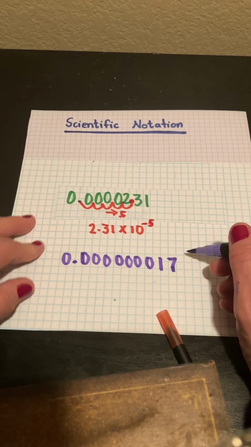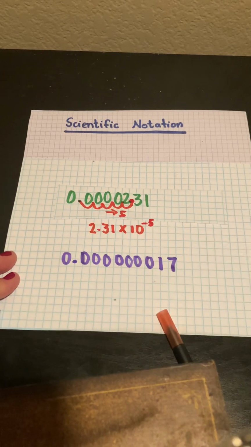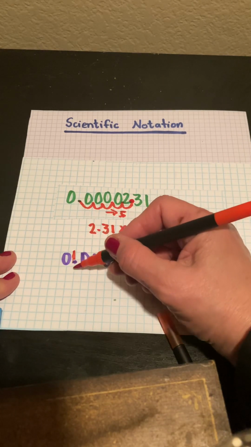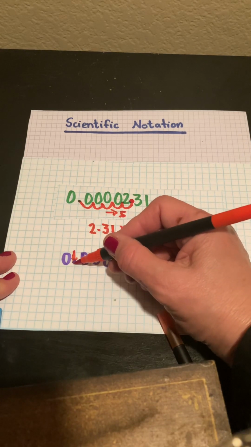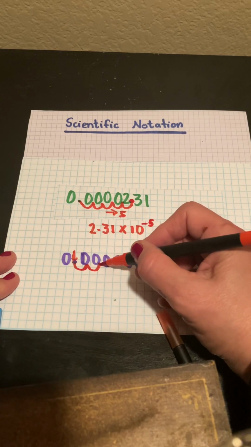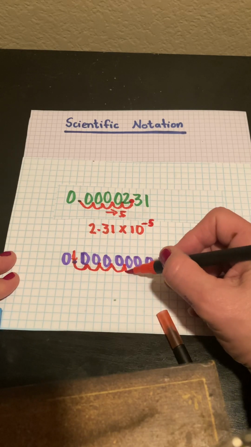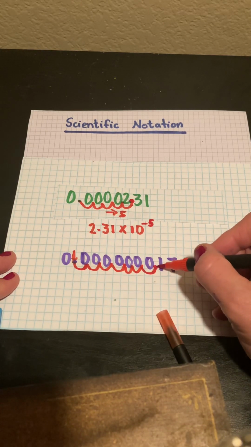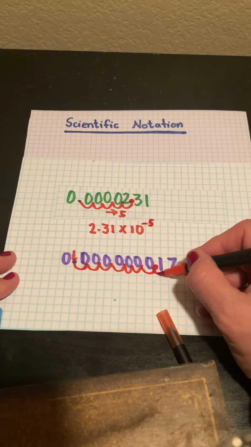Okay? So let's do this one. We know that we are going to find our decimal. Right here is the decimal. And then from here, we're going to begin counting to the right. 1, 2, 3, 4, 5, 6, 7.